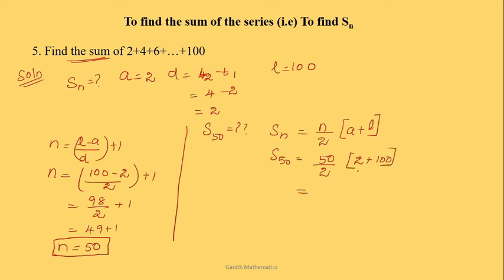So this will be 102. So 50 into 102 divided by 2. So 2 and 2 will get cancelled. This will be 51. When you multiply with 50, you can easily get 5 5s are 25 and there will be 5 and last digit is 0. So S50 is 2550.